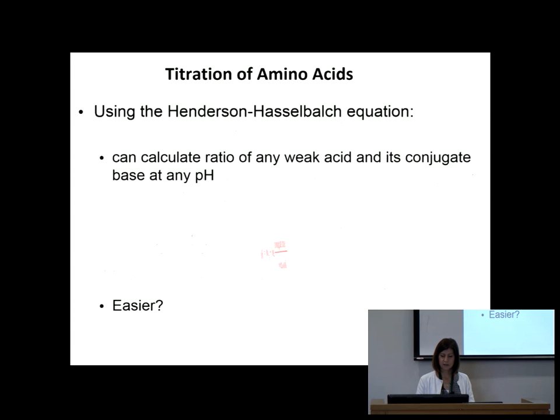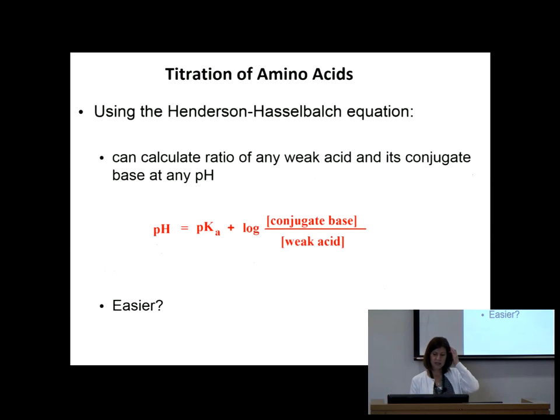So again, it's easier to do it with the Henderson-Hasselbalch, but I like to show it from the simplicity by using the equilibrium constant. So you can look at that ratio of the base to acid, proton on and proton off. I'm not going to go through the calculations right now. I just want to finish up chapter 3.